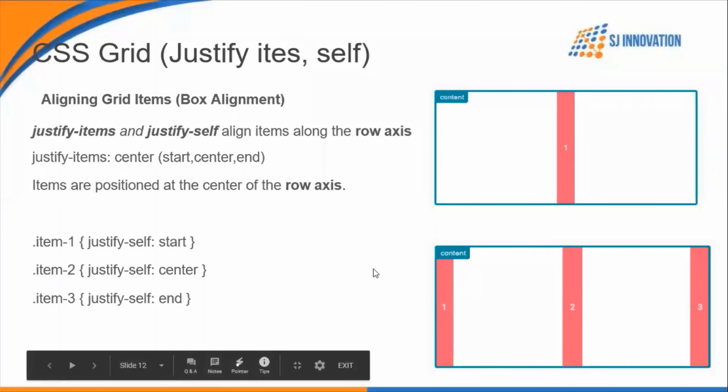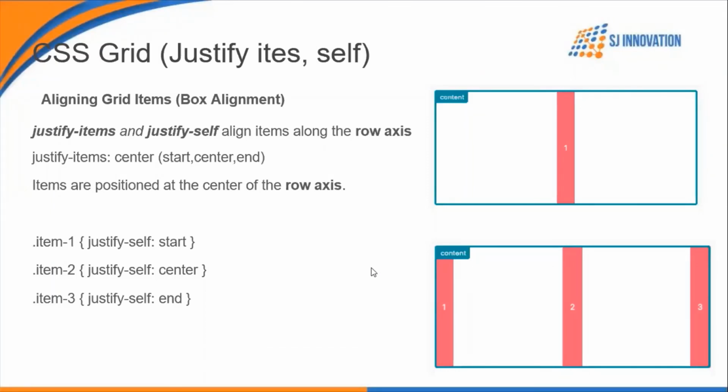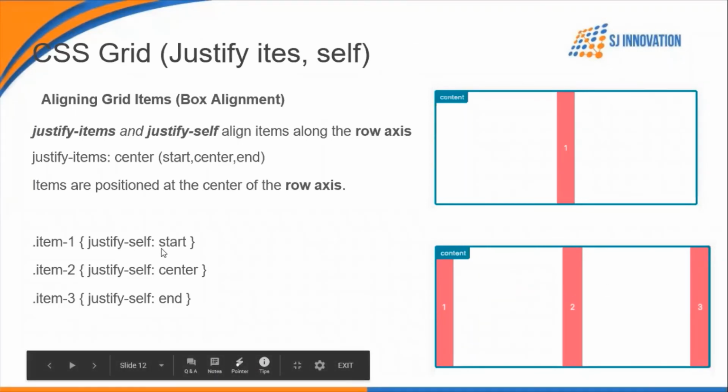Also if we want to work with an individual item, we can do it by justify self. Here is the example that you saw: justify self, first item is start, the second item is center, and the last item is end. So it's showing like this way.